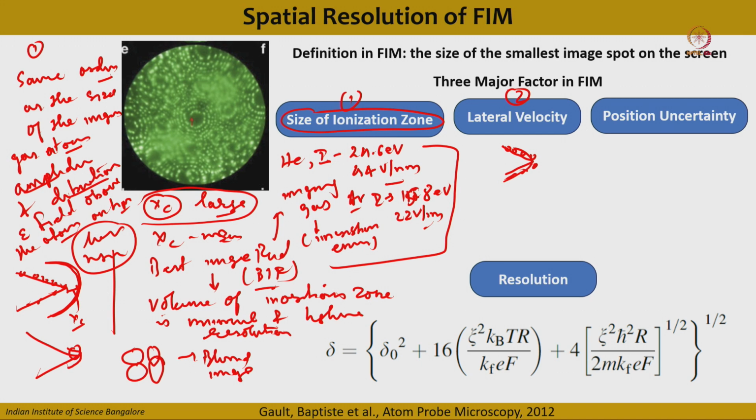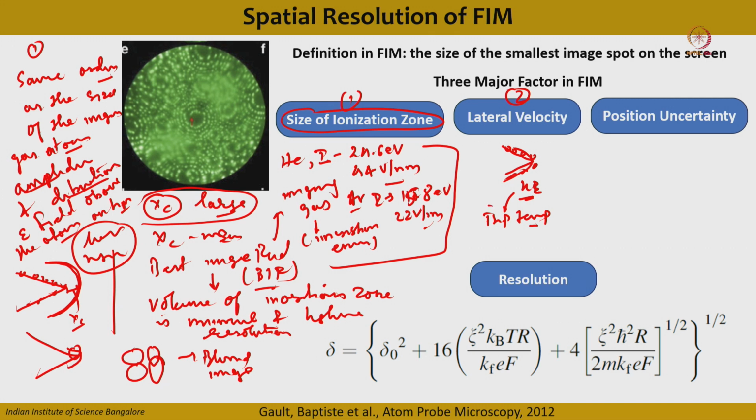Fine. And their velocity, jumping means they have a certain velocity, and their velocity has a component parallel to the tip surface. That totally depends upon the kinetic energy, and this kinetic energy depends upon the tip temperature. Okay. So this is how it is related to your cryogenic temperature, that is why we keep it.